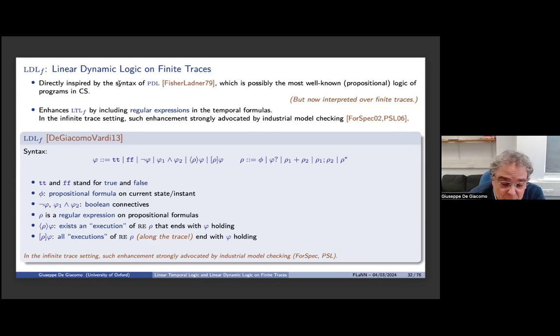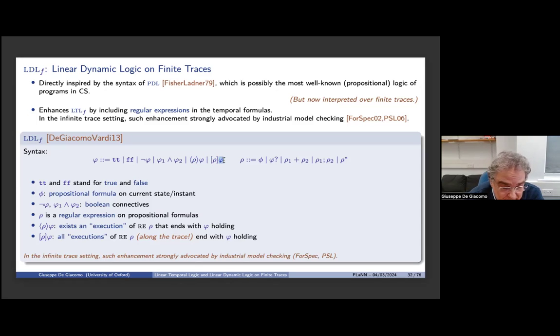Instead of having eventually, you have an enhanced form of eventually, in which you don't only say that eventually you reach a certain position where phi is true, but you say that in order to get there you satisfy a regular expression, sometimes called the program. And you also have the dual, which says that every position reached through that regular expression is such that phi holds.